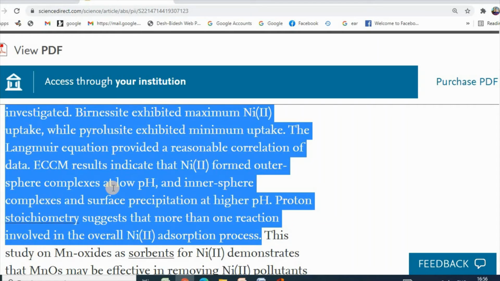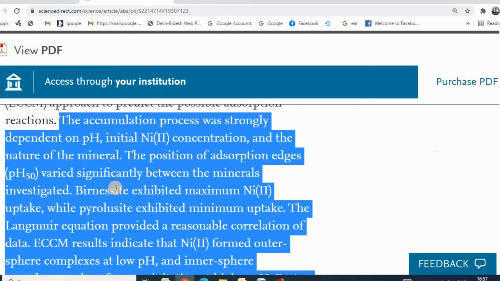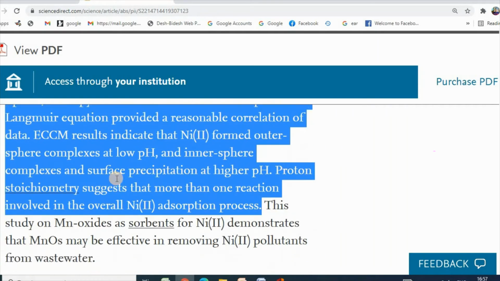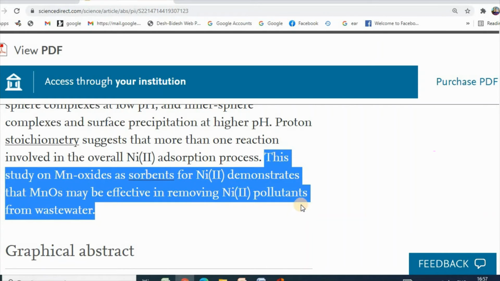So, this highlighted portion is what has been found in this study. Finally, future perspectives or recommendation. The highlighted part is the future perspective of this study.